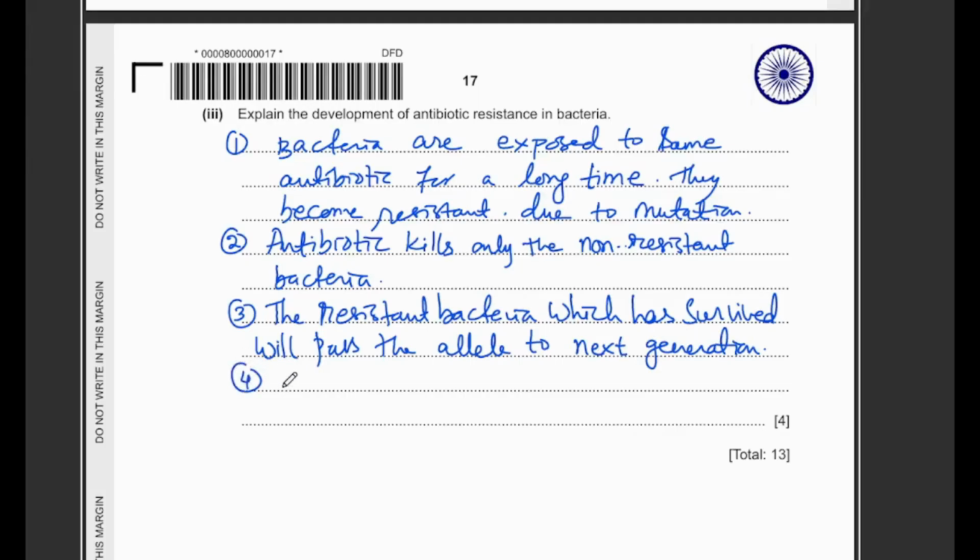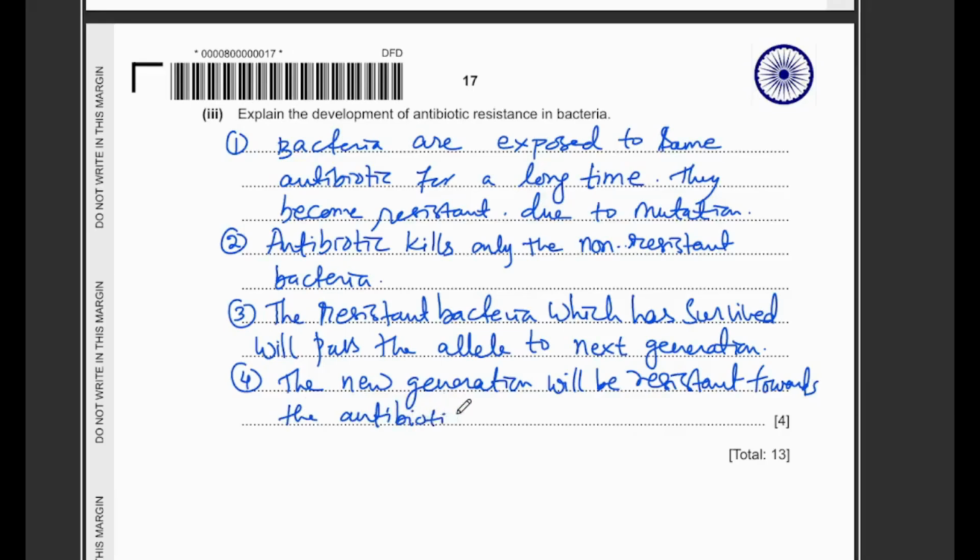So the new generation will be resistant towards the antibiotics. That's what we have for bacterial resistance.